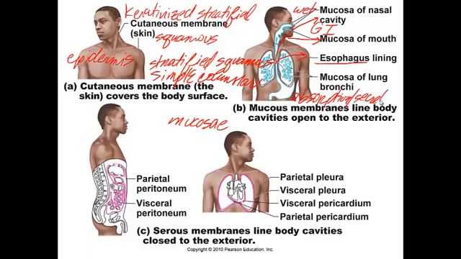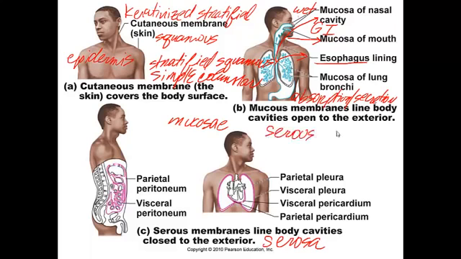The third type of membrane is the serous membranes, or commonly called the serosa. And these are going to be simple squamous epithelium that have areolar connective tissue deep to them. The result is that these membranes are going to be producing a fluid. It's a clear fluid called serous fluid.